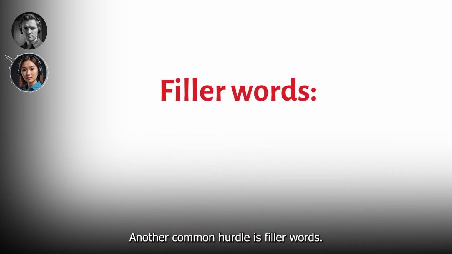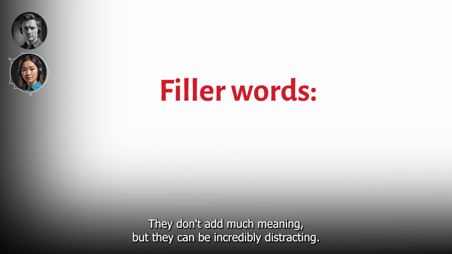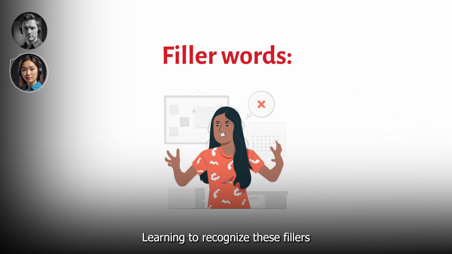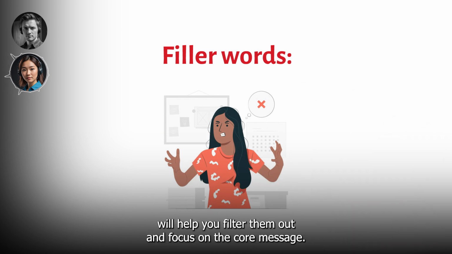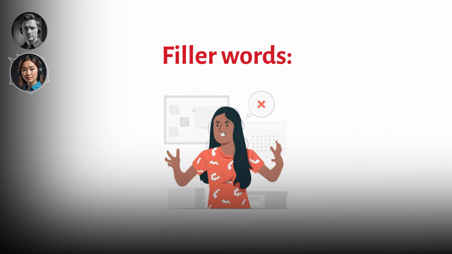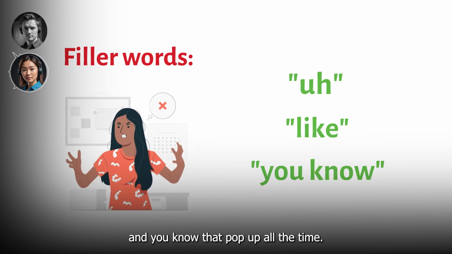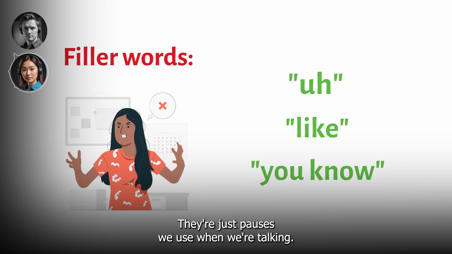Another common hurdle is filler words. They don't add much meaning, but they can be incredibly distracting. Learning to recognize these fillers will help you filter them out and focus on the core message. You know, those little words like "like" and "you know" that pop up all the time? They're just pauses we use when we're talking to give ourselves a second to think.